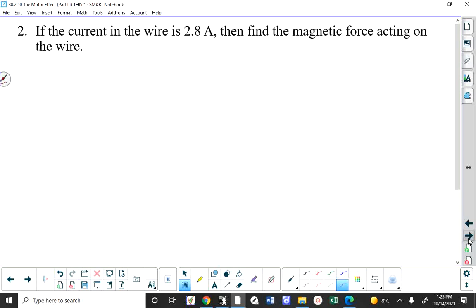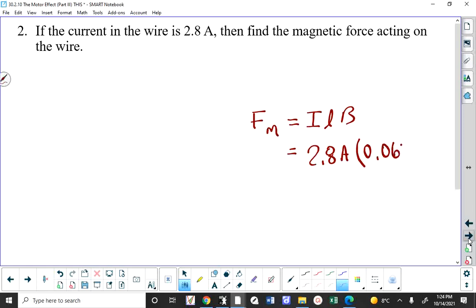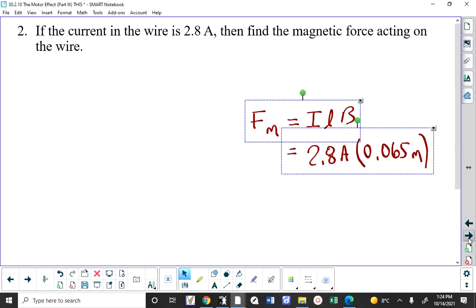What's the first question? Which is actually number 2, right? Okay. If the current is 2.8 amps, what's the magnetic force? Oh, that's pretty easy. Fm equals ILB. So we're going to take the 2.8 amps, multiply by the distance, and then multiply by the magnetic field.